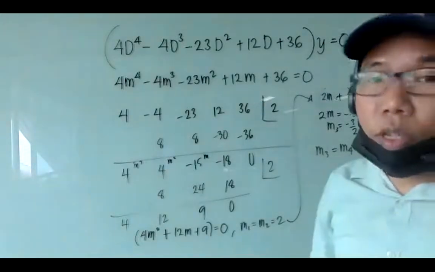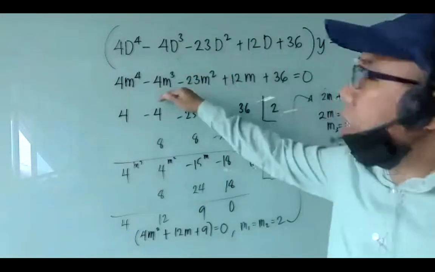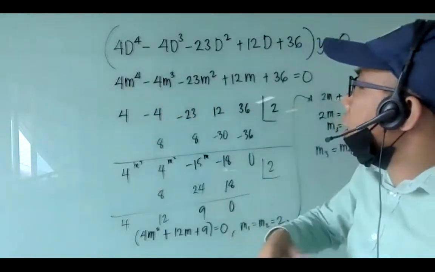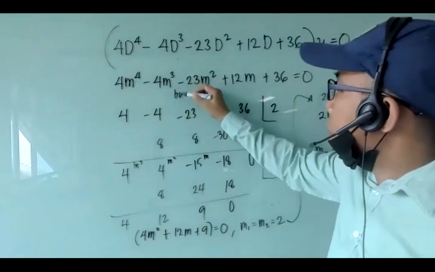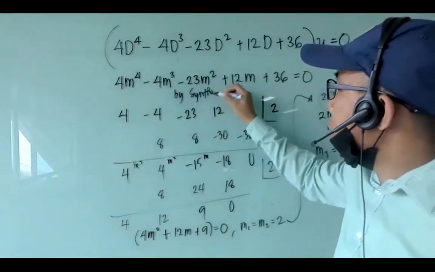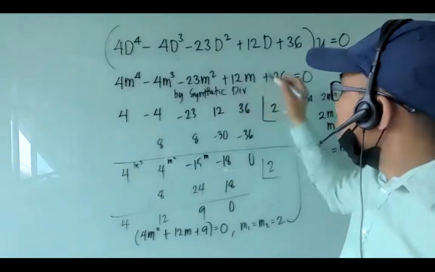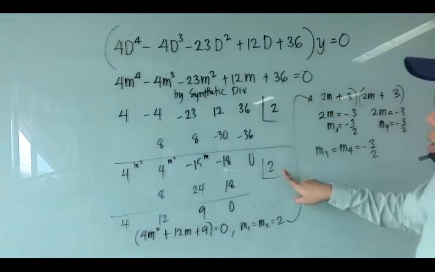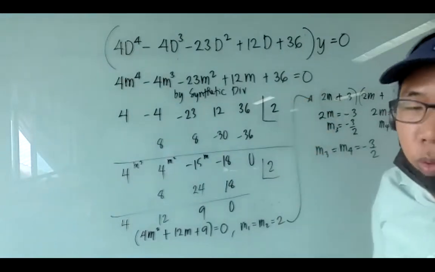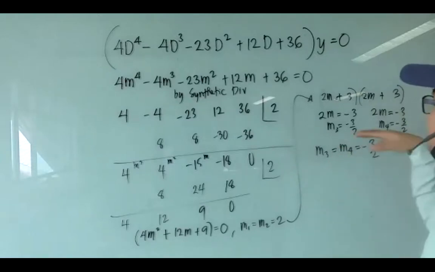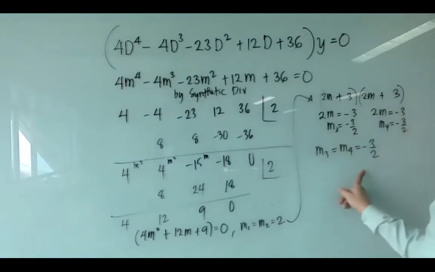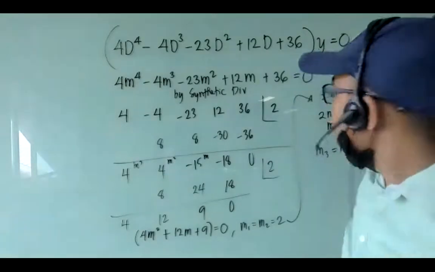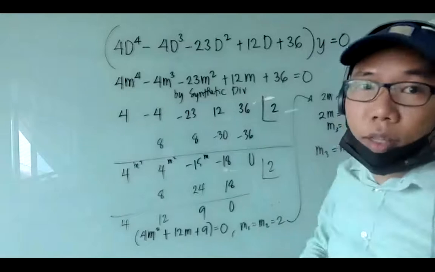Okay, so let's continue. So we have written the auxiliary equation, and then we find the roots by synthetic division. So yeah, we have found out that the first two roots are 2, okay? And the other two roots here, negative 3 halves. So the solution will be, okay, saan natin susulat? Ito lang sa taas.